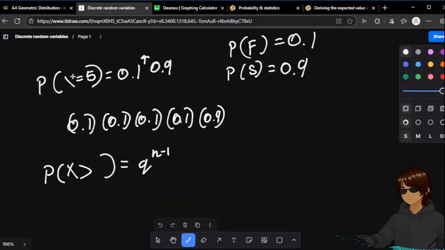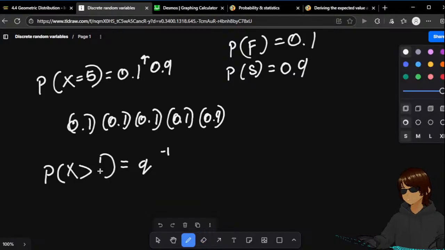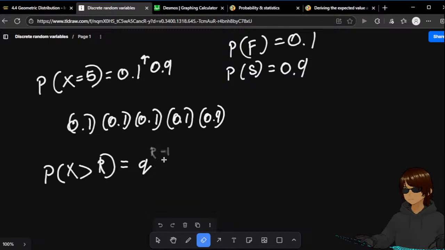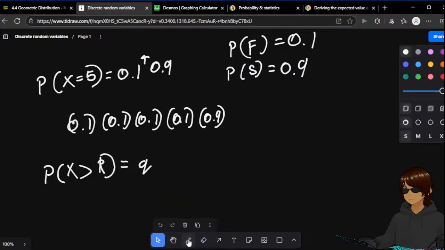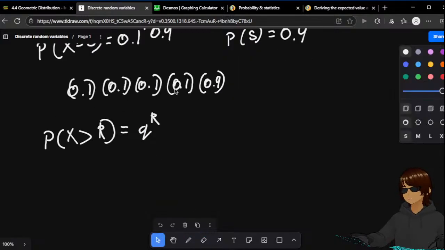Just write x here. X is more than k, where k is the number of k failures, right? Actually, it's q to the power of k, not minus one. The probability that x is more than 4, we need 4 failures for that.